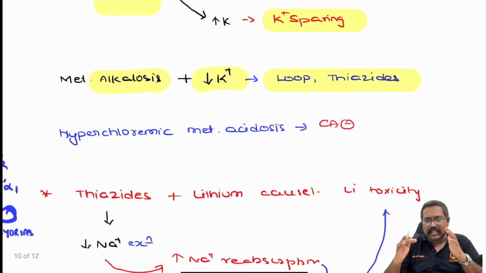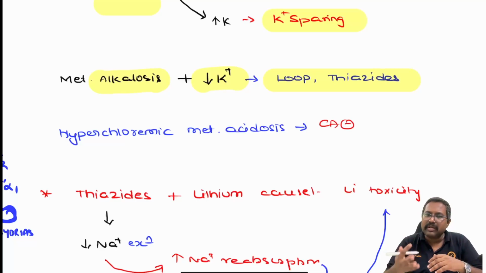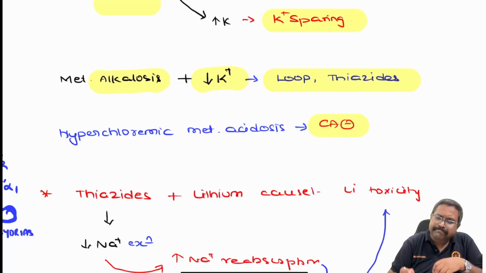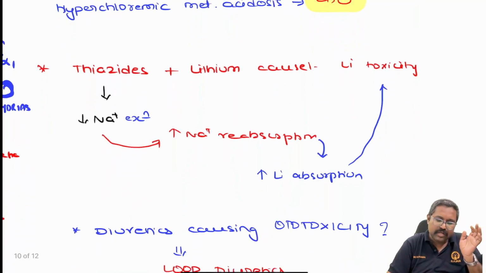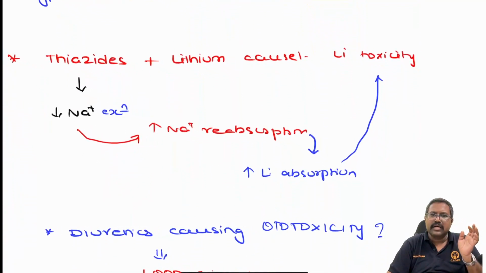Which drug will cause metabolic acidosis associated with the hyperchloremic condition? Again, it is the carbonic anhydrase inhibitor. Very very important concept. Can we add a diuretic, especially the thiazides, with lithium?